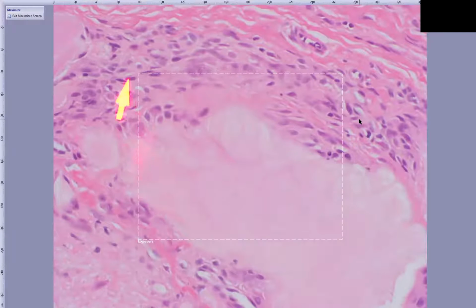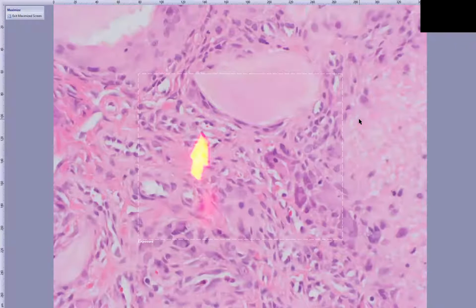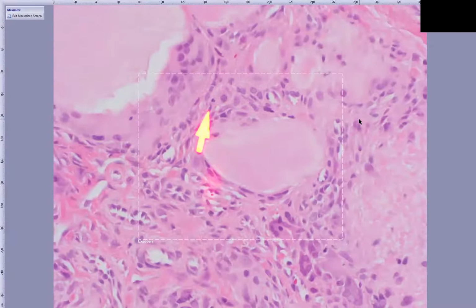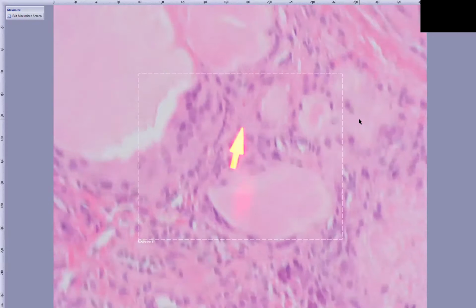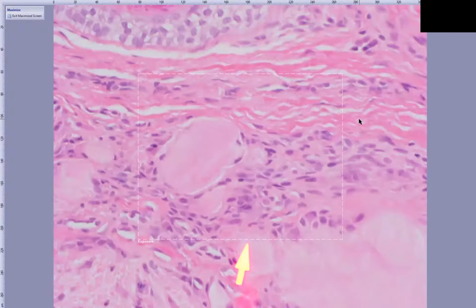And then surrounding these deposits, you have these epithelioid histiocytes. Okay, you have multinucleated giant cells in the background, lots of epithelioid histiocytes trying to wall off this amorphous pink feathery substance. And that is another type of foreign body granuloma, okay?